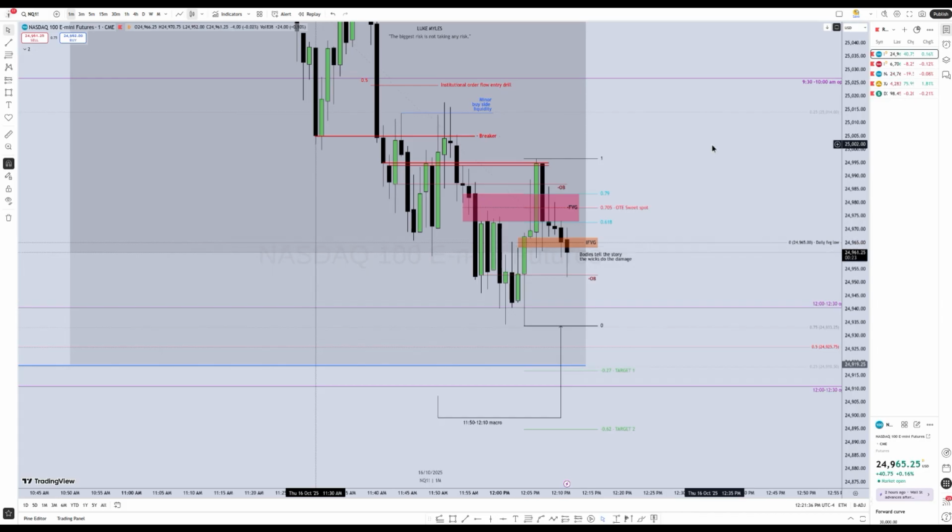Still rejecting. We have gone back up and the market has failed to close below that again, so I expect a measure of manipulation. What's my reference point? The order block and the volume imbalance.